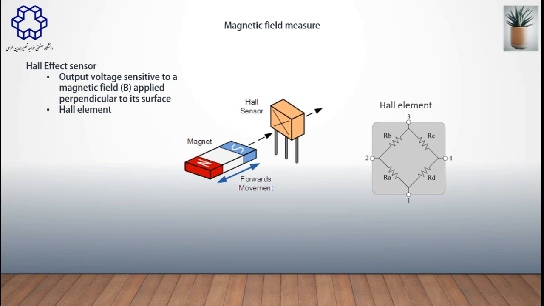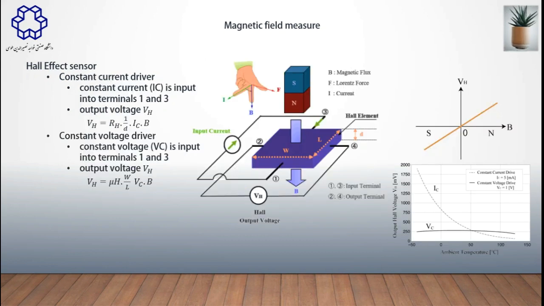We can use the Hall effect sensor. Hall effect sensor measures the magnetic flux applied perpendicular to its surface. We can use Hall effect sensor in 2 modes. One is constant current driver.